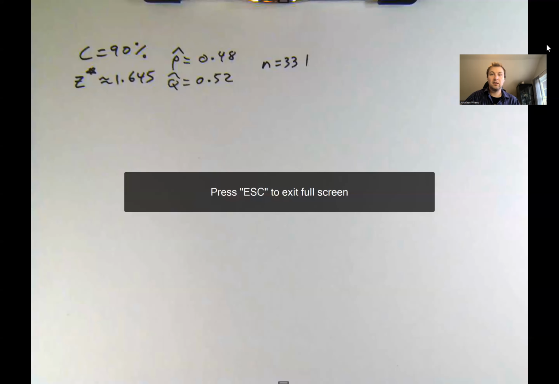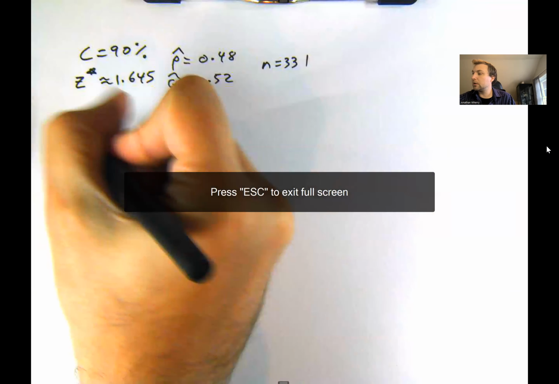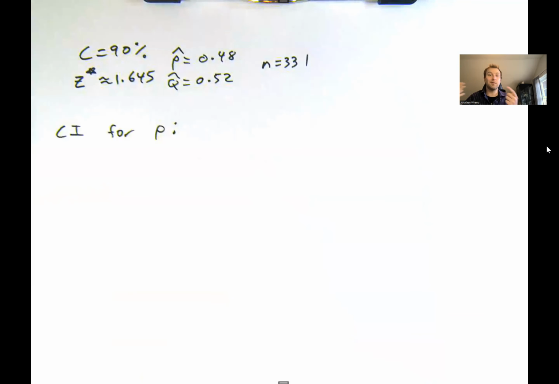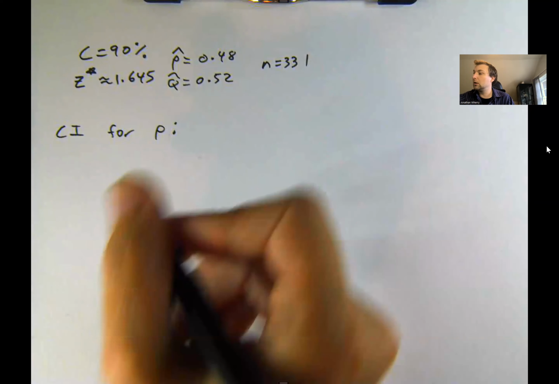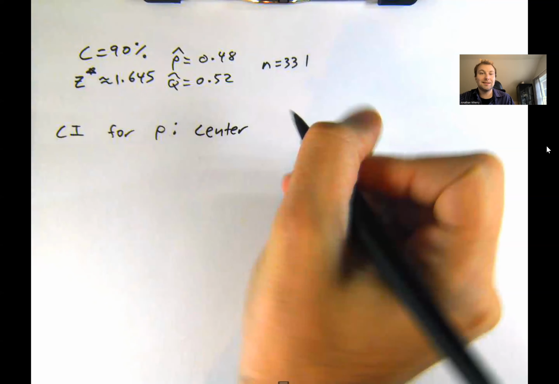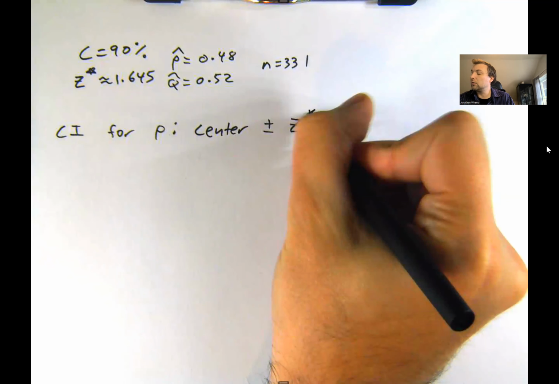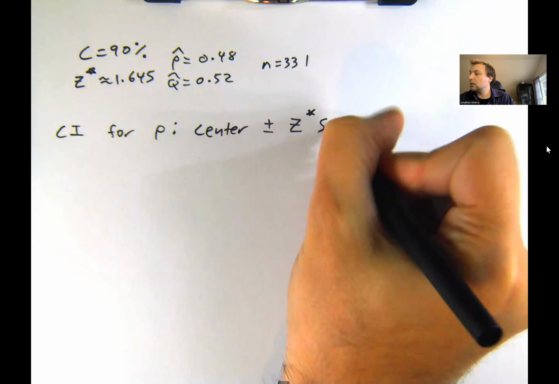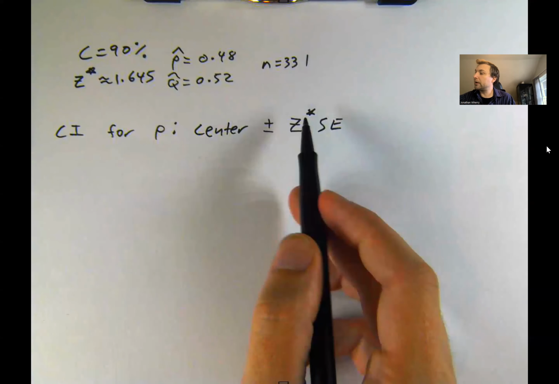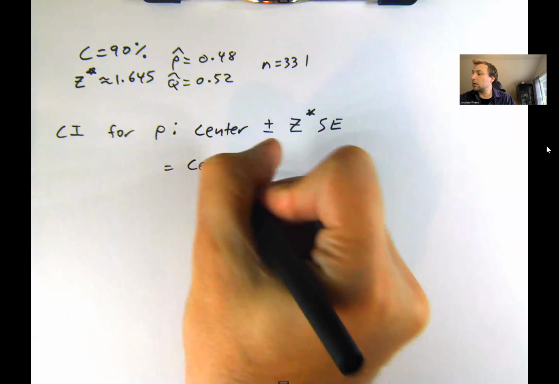Let's look at our confidence interval. So the formula for a confidence interval for p, starting out with what a confidence interval represents in general, is you have some sort of best point estimate, the center, some critical value, and a standard error. And when you multiply the critical value by the standard error, that's called the margin of error.